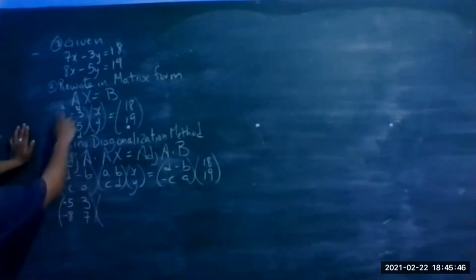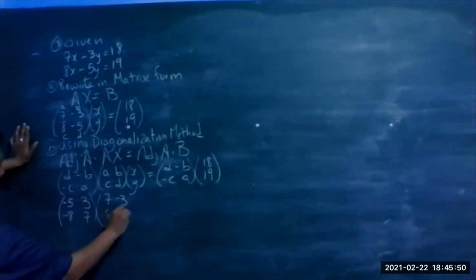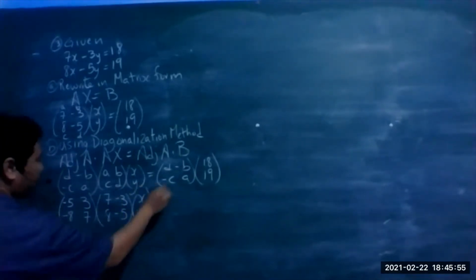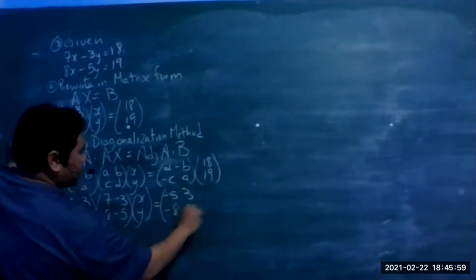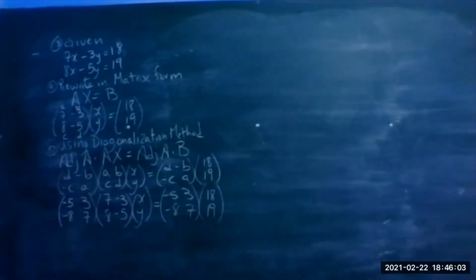Then I rewrite the same matrix, [7, -3; 8, -5] times [x; y] equals [-5, 3; -8, 7] times [18; 19]. So up to now, everything seems normal.